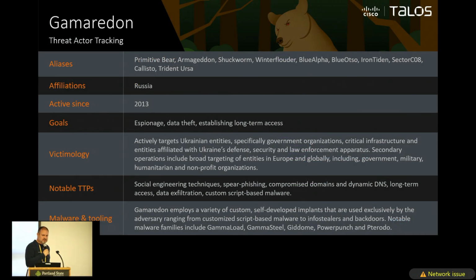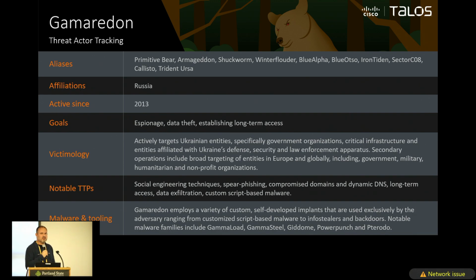So let's see now how I used this information that I showed you to track some of these threat actors. The first is Gamma-Radon. Gamma-Radon is a Russian-based group that usually targets victims around the globe, but they mostly focus on Eastern Europe victims.